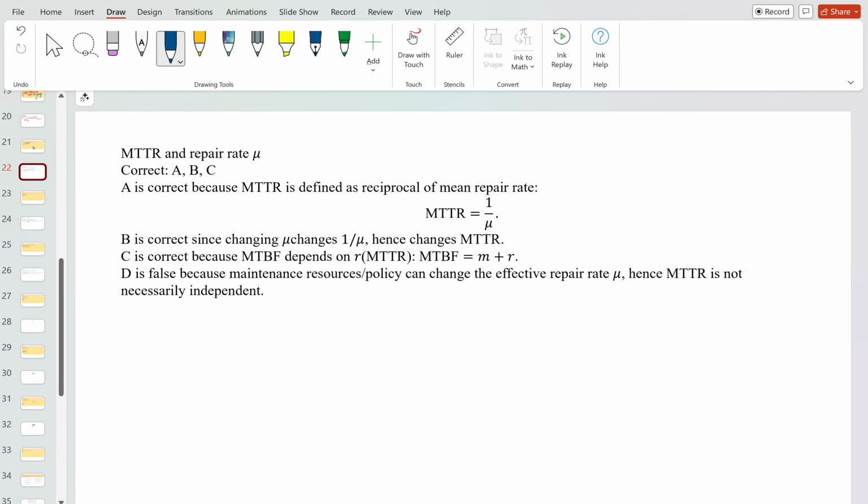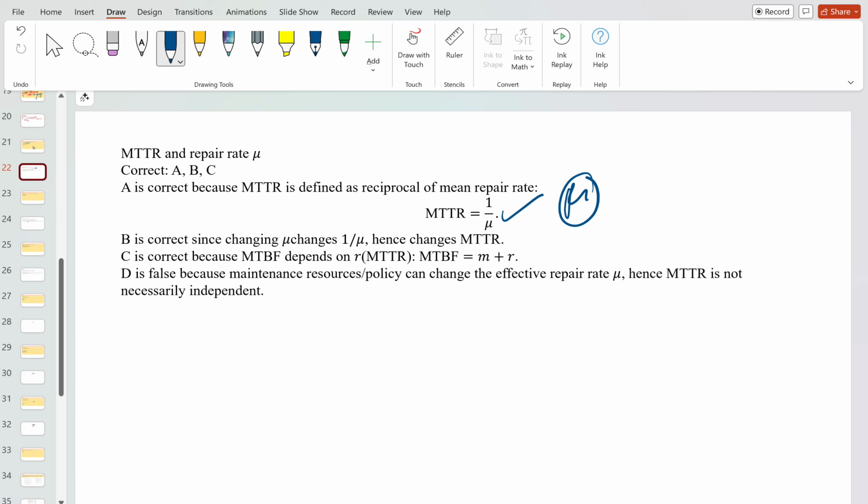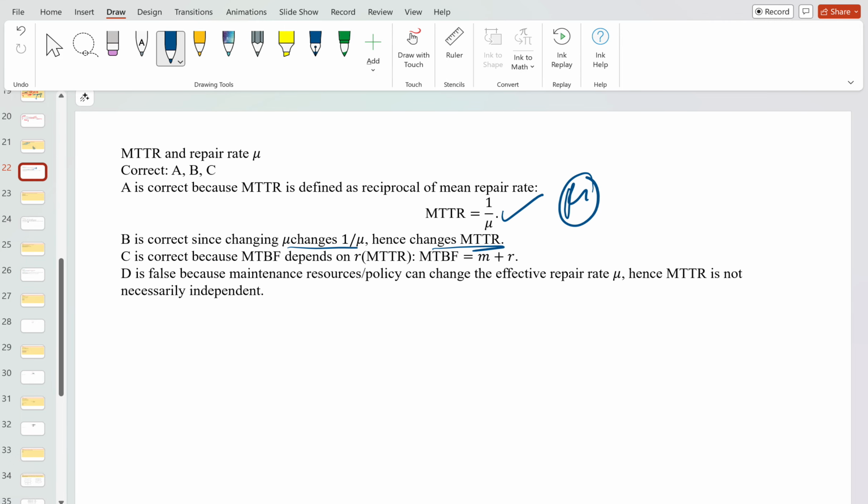Okay, that is correct, that MTTR is the reciprocal of mu, the repair rate. Mu is the repair rate, basically the inverse of the mean repair time. B is correct because changing mu changes 1 upon mu, so it changes the MTTR. It is saying the MTTR depends upon repair time. That is true, because if you change mu, then the inverse will also change.